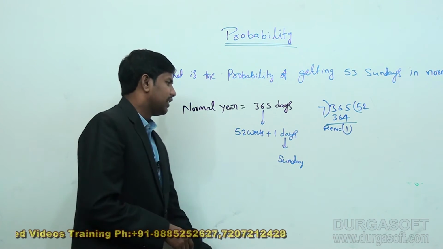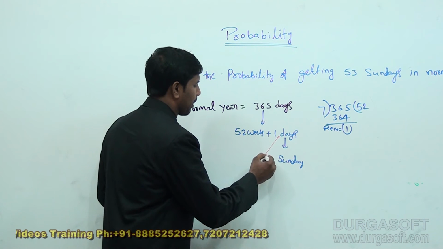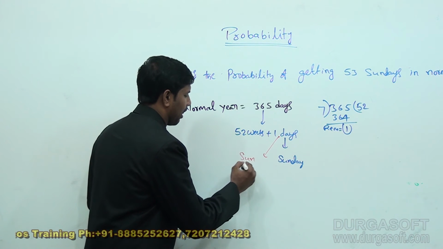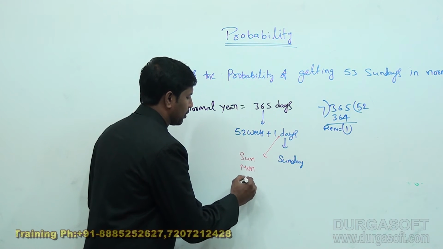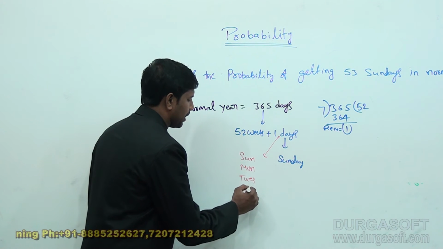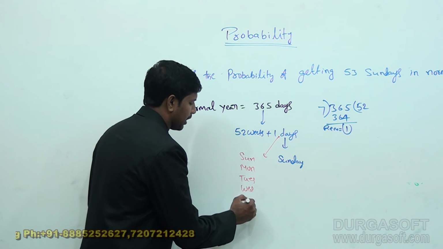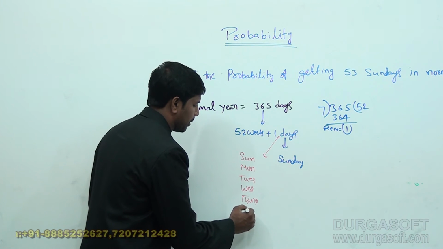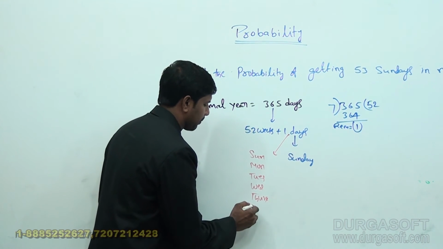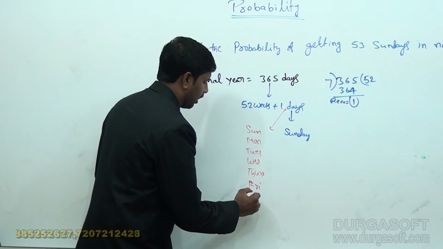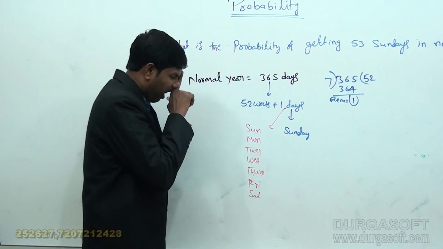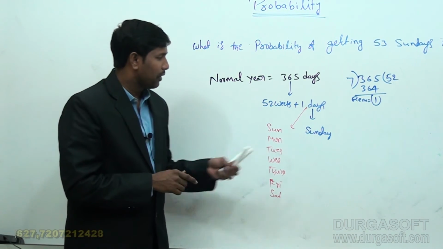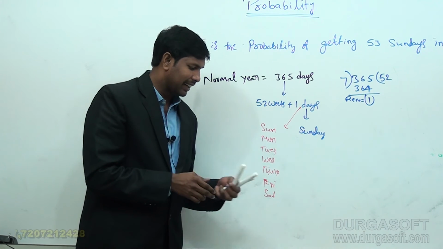So this 1 day may be a Sunday or a Monday or a Tuesday, or a Wednesday, or a Thursday, or a Friday, or a Saturday. So out of these 7 days we want Sunday.